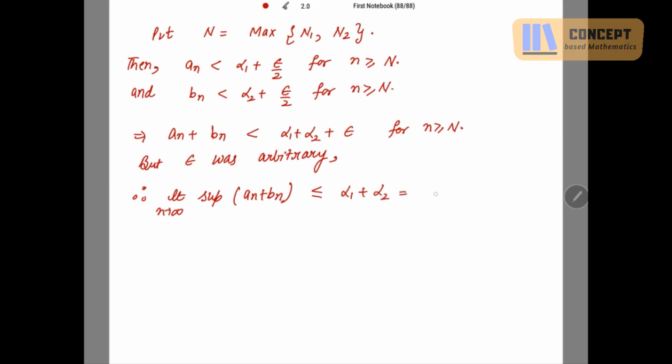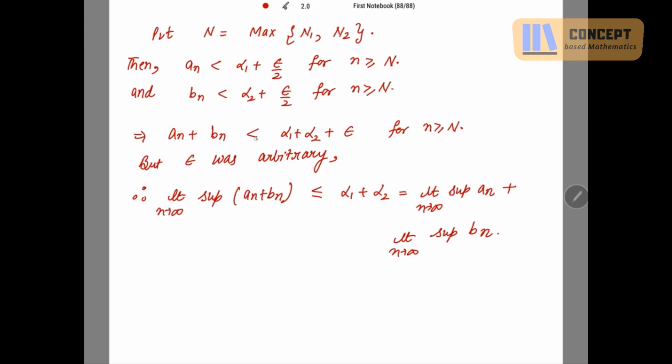We have taken alpha 1 to be limit n tends to infinity supremum of an, and alpha 2 to be limit n tends to infinity supremum of bn. Just put back the values for alpha 1 and alpha 2.